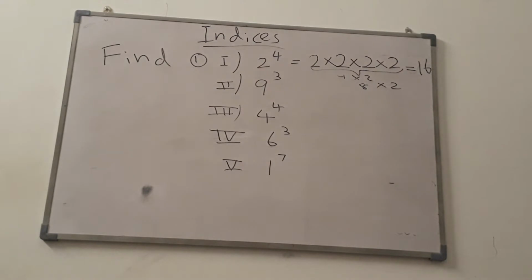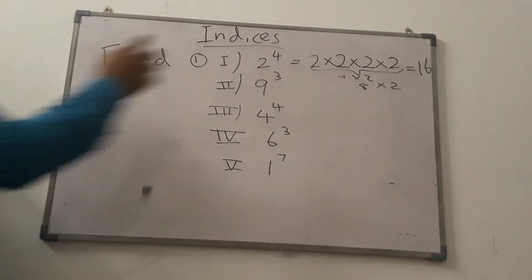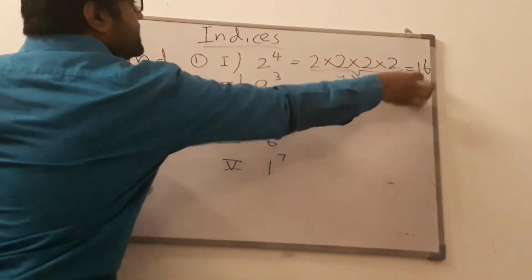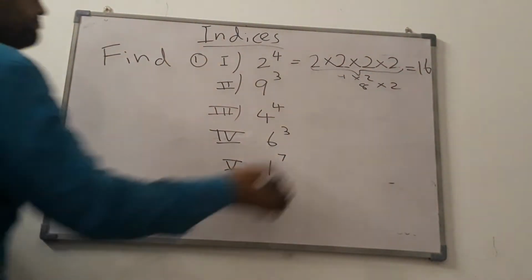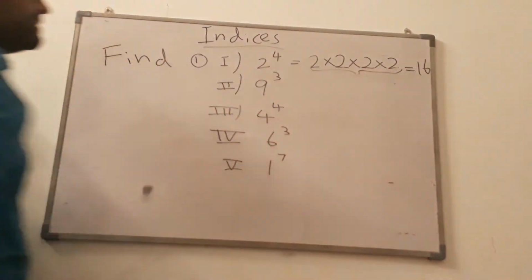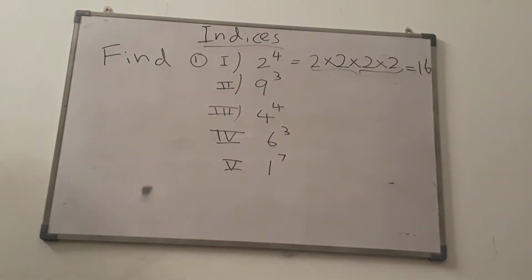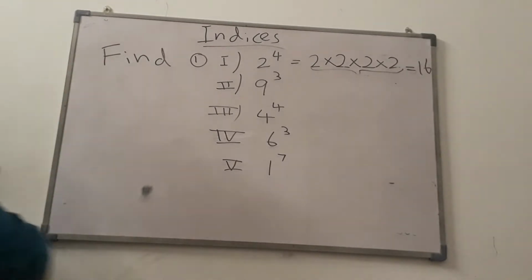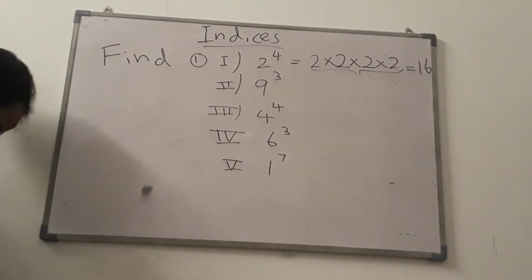So 2 to the power 4 means 16. Rather than expanding, if we can recall what we have done previously, we can straight away write 16.